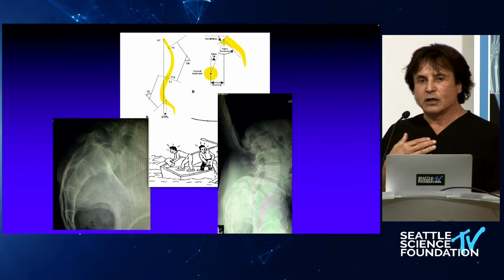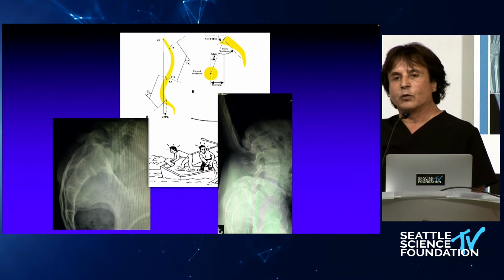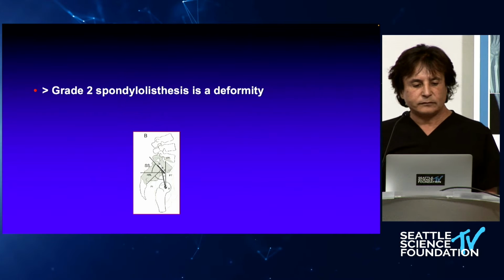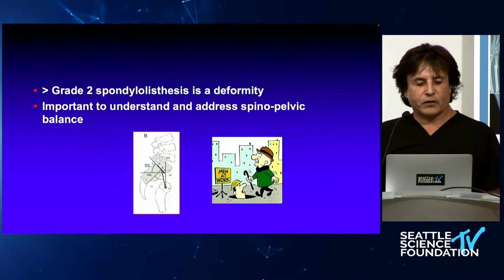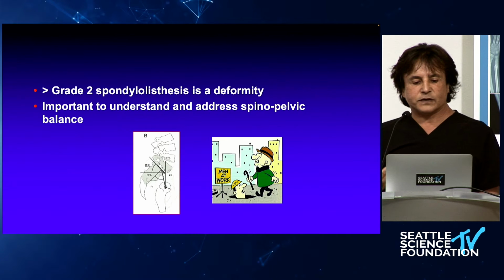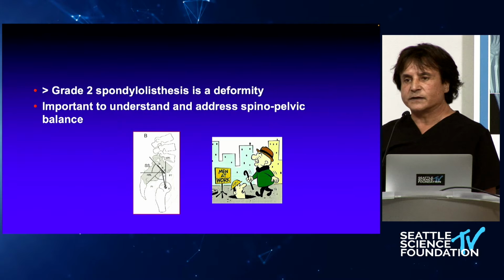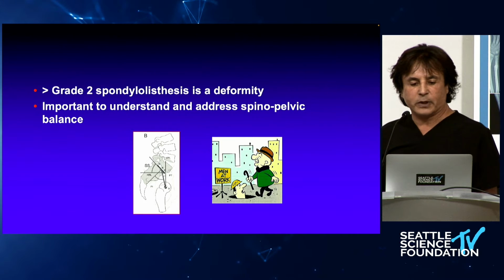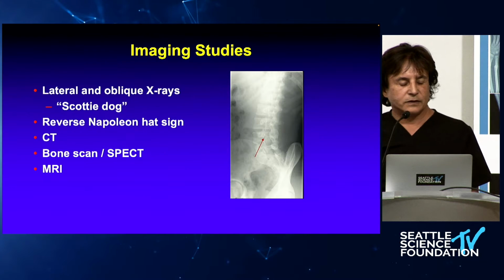And I think you'd be irresponsible today just to treat the spondy without looking at the entire spine. So more than a grade 2 spondylolisthesis is a deformity, and you need to understand and address the spinopelvic balance, just as Hubert Labelle and Roussouly and their group told us, and there's 6 different classes.